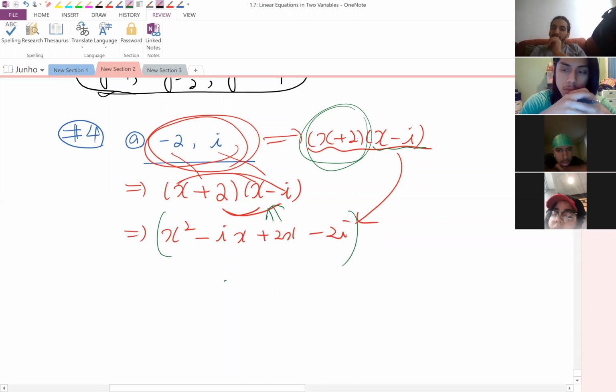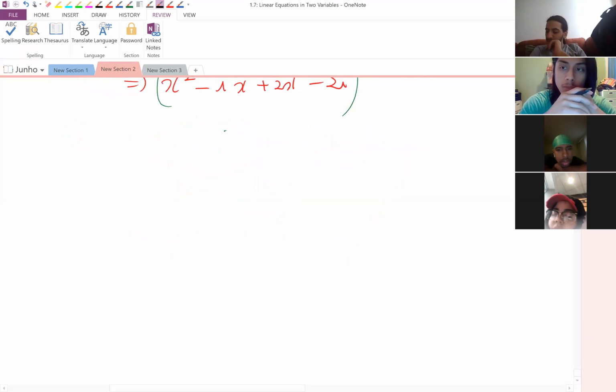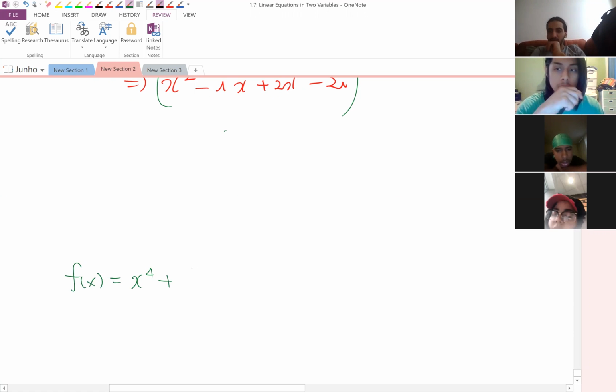So here, let's go back to number 3, which we discussed yesterday. f(x) was x fourth plus 2x cubed minus x squared plus 4x minus 6.